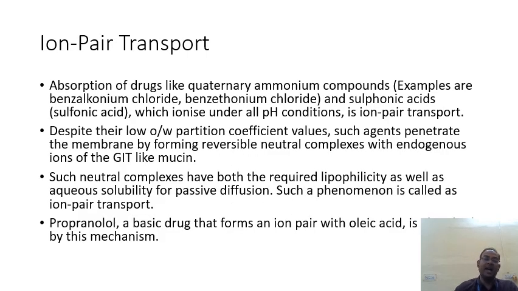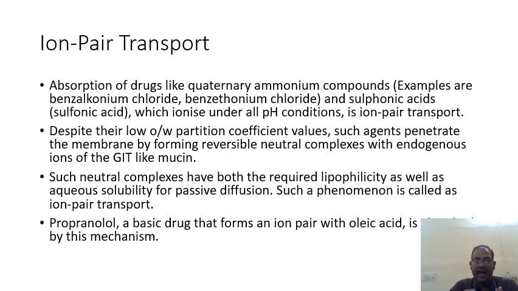Next one is ion pair transport. As the name indicates, there are two types of ions: positive, that is cations, and negative, that is anions. If the molecule is a cation, there will be a pair, that is an anion.